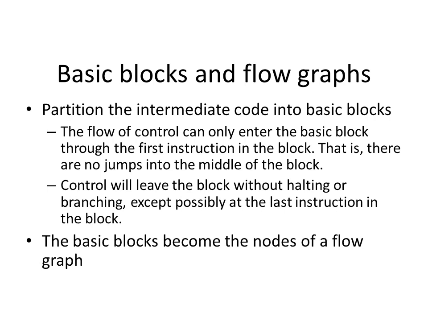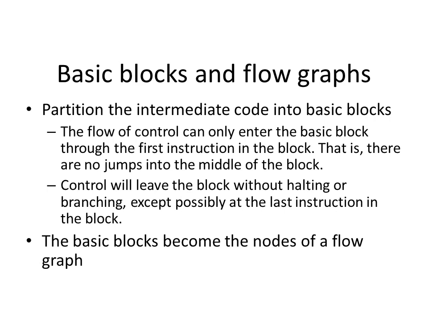Now basic blocks and flow graphs. Partition the intermediate code into basic blocks, where the flow of control can only enter the basic block through the first instruction in the block.